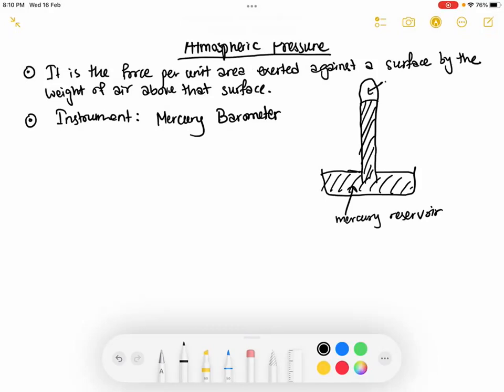And we have vacuum over here. This is a thick glass tube.